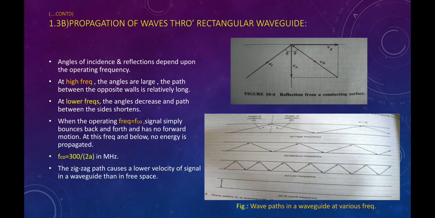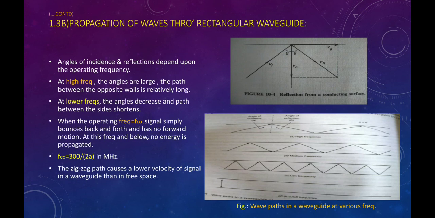At a high frequency the angles are large, and the path between the opposite walls is relatively long. At lower frequencies the angles decrease and the path between the sides shortens.